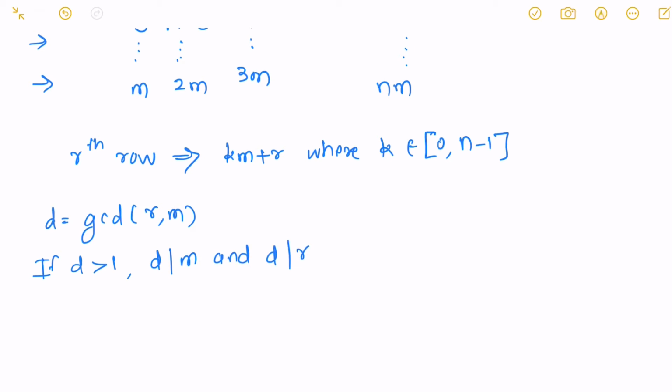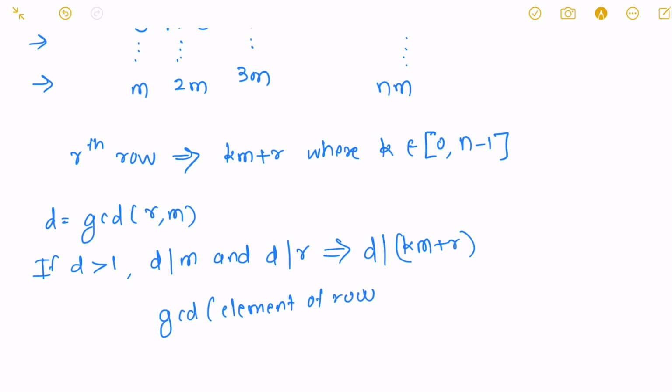Since d is the GCD of r and m, we can infer that d divides km + r. So if d divides km + r and d divides m, we can say that the GCD of an element of the row and mn is at least d, because d divides the element of the row and d divides m also.